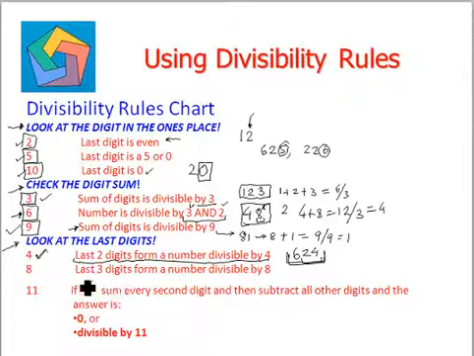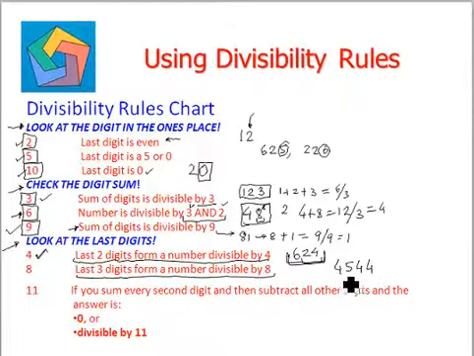Now for the next criteria, the last three digits form a number divisible by 8. Let's take, say, 4544.